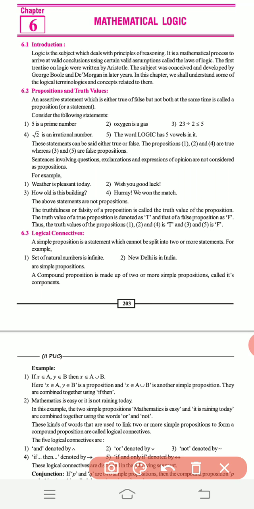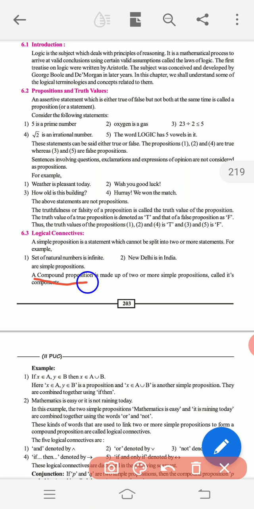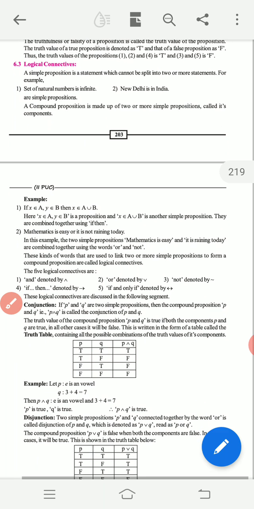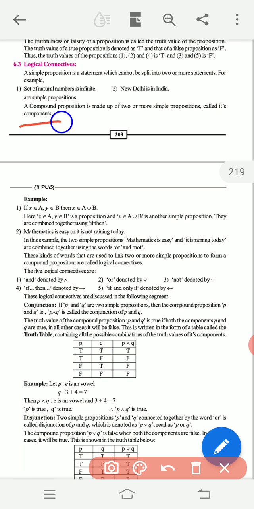Next, compound proposition. A compound proposition is made up of two or more simple propositions called its components. A compound proposition contains two or more statements. Each statement is considered a component statement. For example, the first one: if X belongs to A, comma, Y belongs to B, then X belongs to A union B. Here it contains two statements.